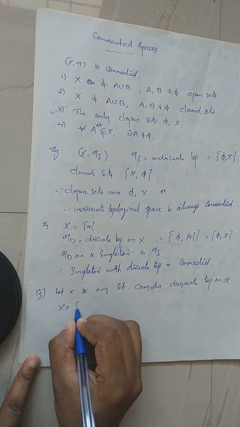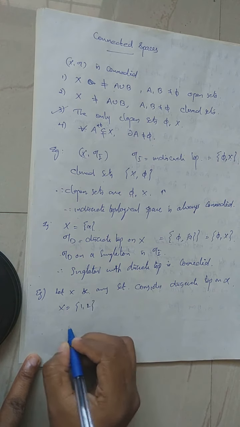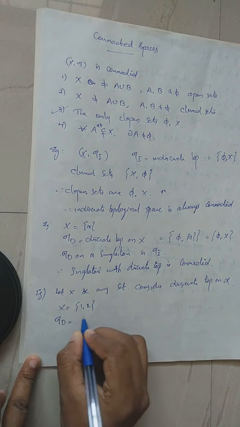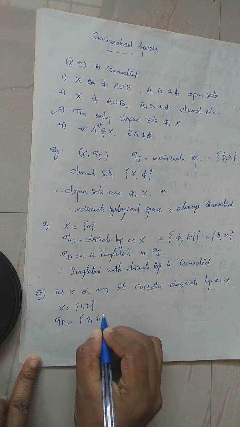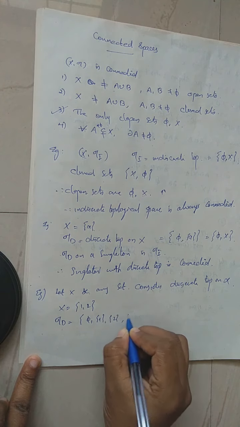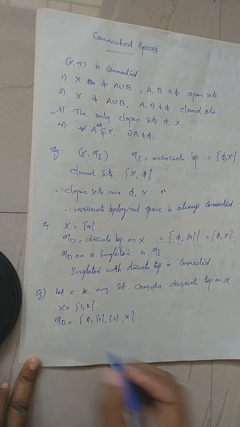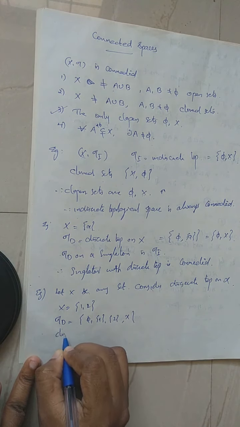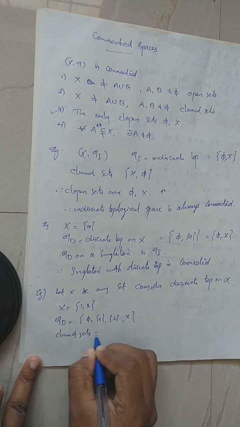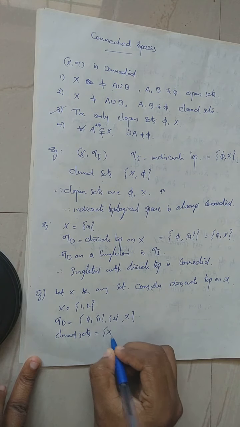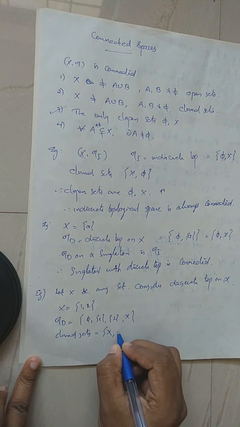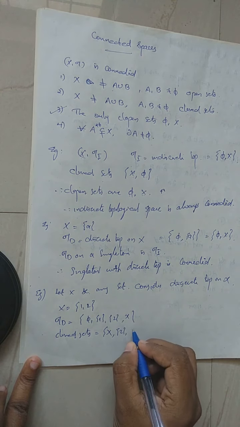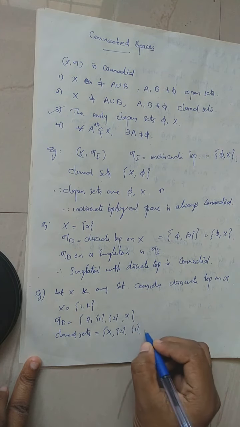Because if we take X equal to {1, 2} as a set, then the discrete topology is the empty set, singleton {1}, singleton {2}, and X itself. These are the open sets here. And the closed sets are their complements: the complement of empty is X, the complement of {1} is {2}, the complement of {2} is {1}, and the complement of X is empty.